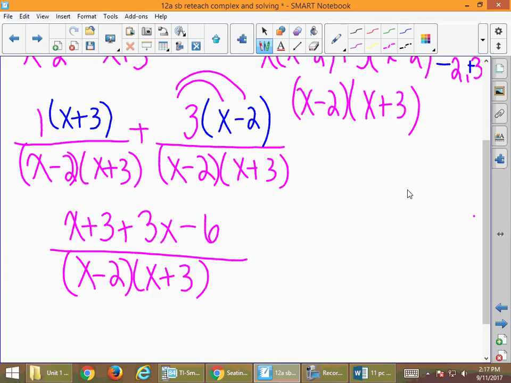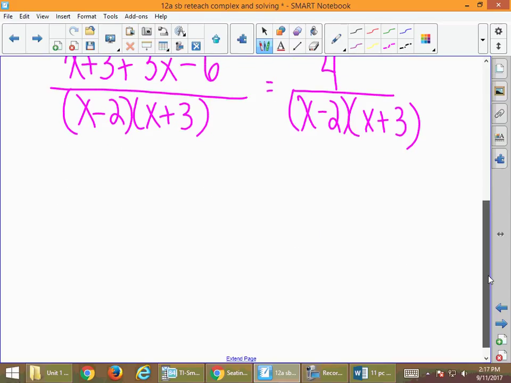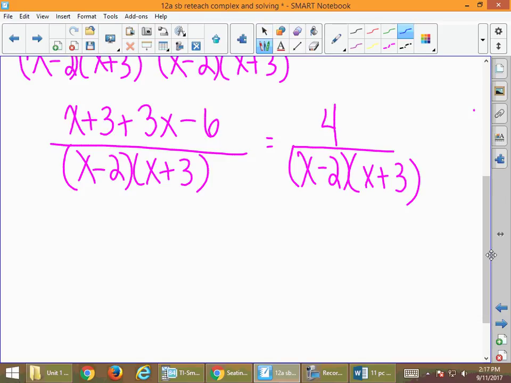On the other side of the problem, we have 4. And remember, we factor. And we ended up with x minus 2 times x plus 3. And I almost skipped a step, because I forgot to combine like terms over there on the left side. So I'll go back and combine those like terms. We've got the 1x and the 3x.